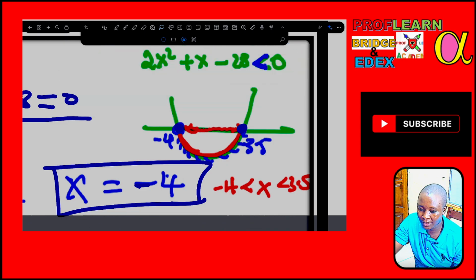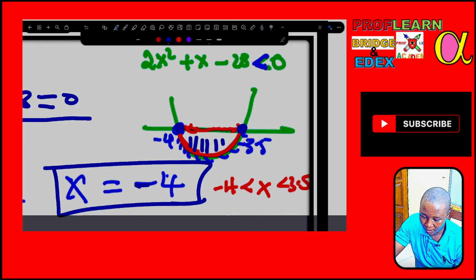The inequality that we are having here is facing in the opposite direction, less than, meaning we are going to focus on the graph below the x-axis. And the region that defines the part of the graph below the x-axis is the values of x between these 2 points, which is going to be x greater than -4 but less than 3.5.